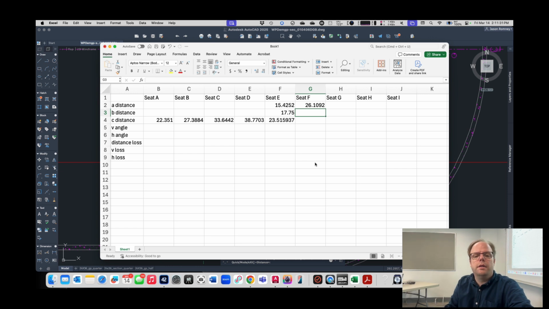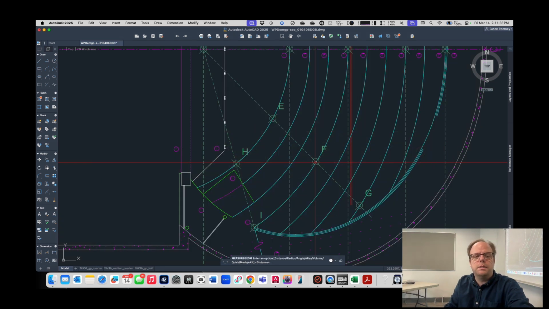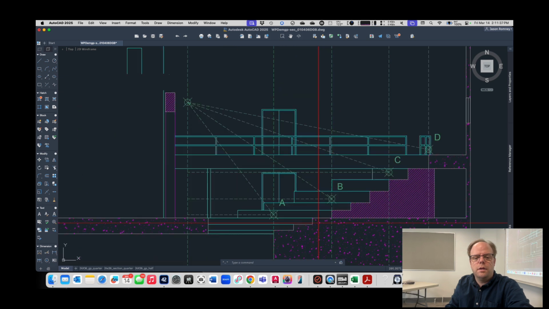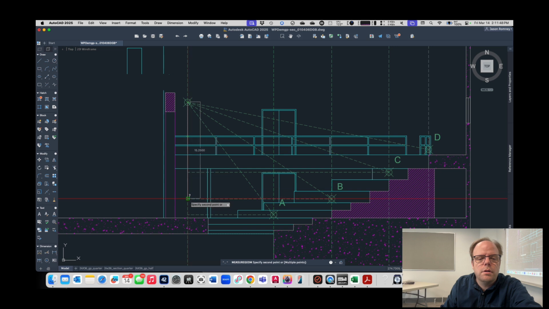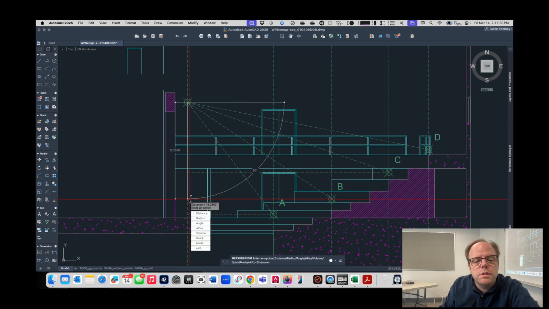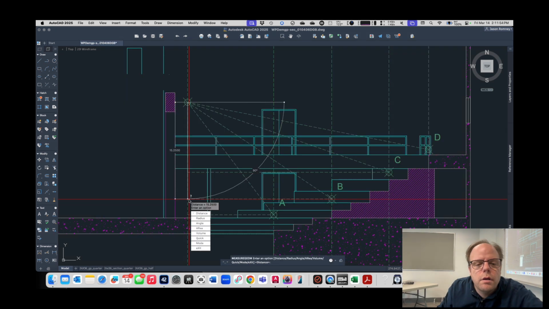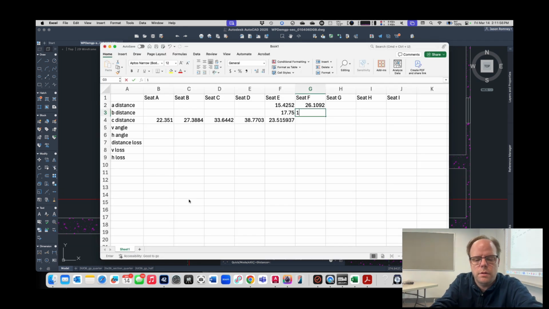And then if we do the B distance, I've drawn that line to intersect with that vertical, so we can get that side. And I will do here to there, and I got 15.25.